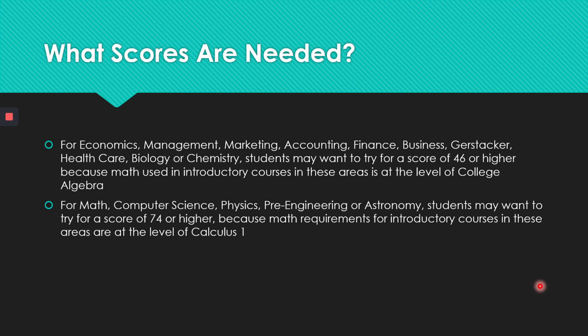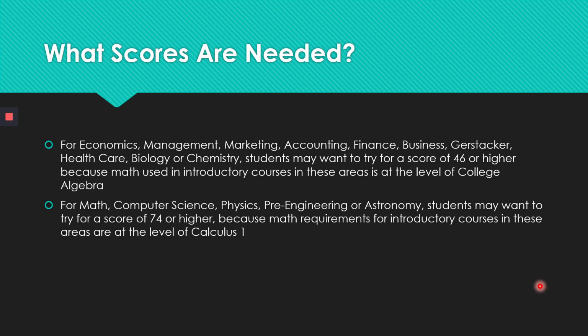So what kinds of scores are needed? Well, here's a good rule of thumb. 46 is the cut score for entrance into college algebra, and 74 is the cut score for placement into Calc 1. So if your student is interested in an area that requires skills at the level of college algebra, then they want to score at least a 46.